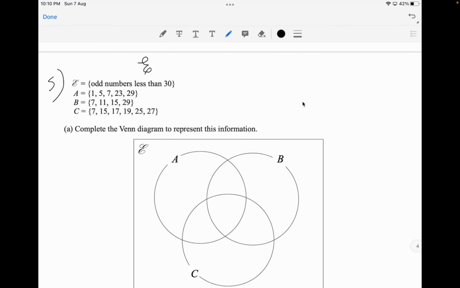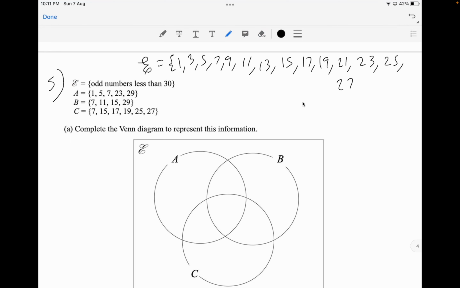So I'm going to write down E is equal to, in curly brackets, odd numbers: 1, 3, 5, 7, 9, 11, 13, 15, 17, 19, 21, 23, 25, 27, and 29. And I'm going to close the curly bracket since it's going to be less than 30. Alright, that's your universal set.